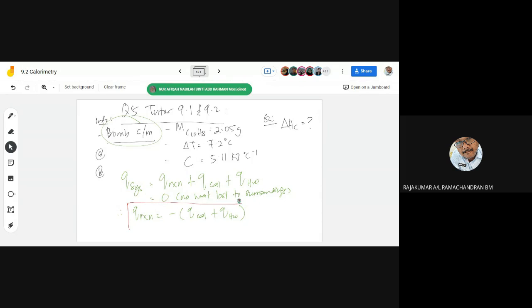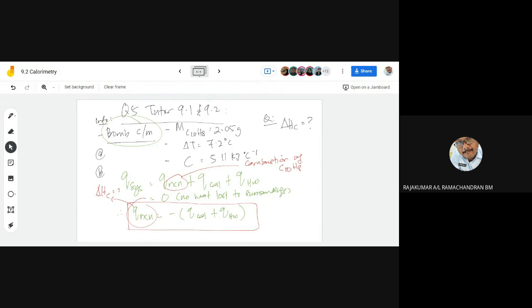Now, saya nak ingatkan di sini, reaction ini dalam kes ini merujuk kepada combustion of C10H8, that is naphthalene. Maksudnya di sini Q reaction adalah kita kira enthalpy of combustion berapa. Okay, itu maksud dia lah.